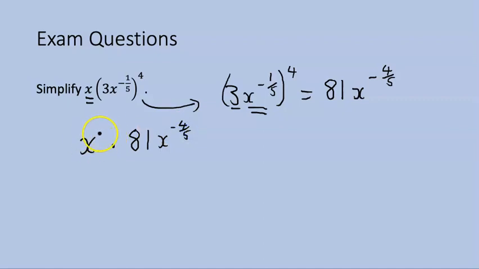I know x by itself just means it's x to the power of 1. And I'm going to be multiplying all of these together. So x to the 1 multiplied by x to the minus 4 over 5. I do 1 take away 4 over 5. That gives me x to the 1 over 5.